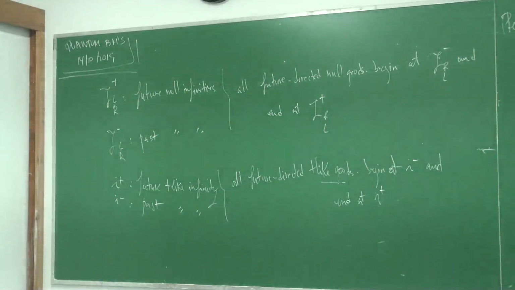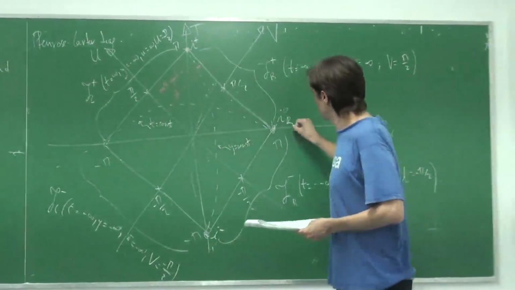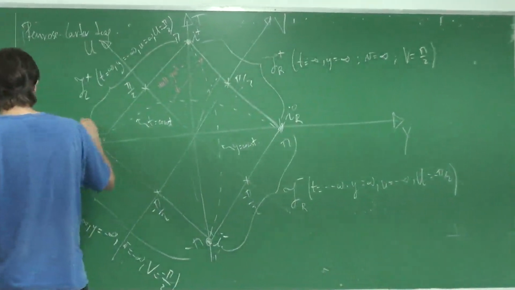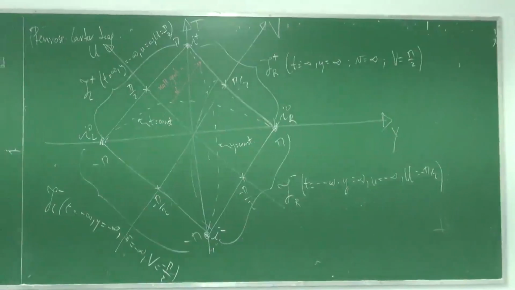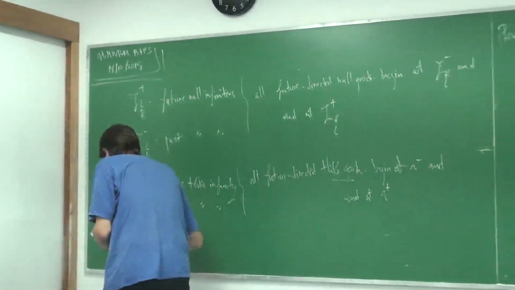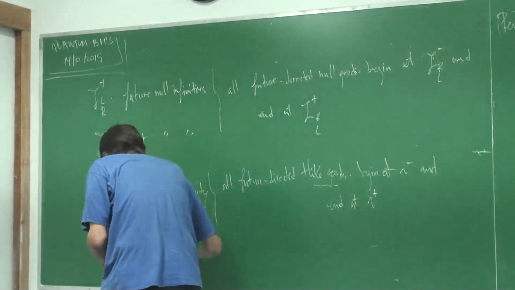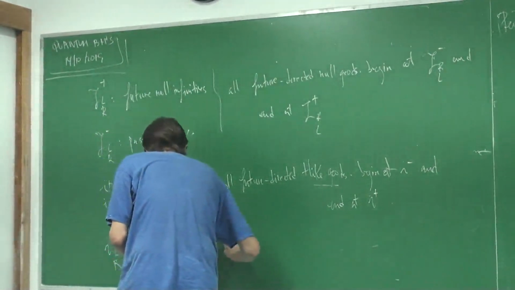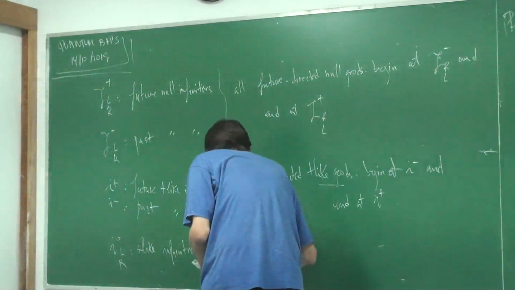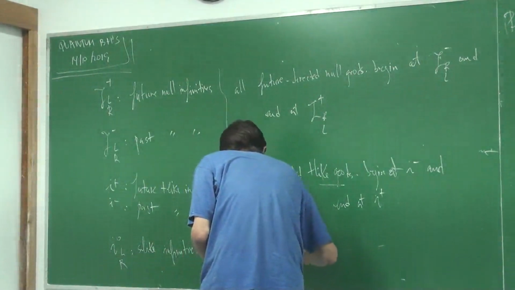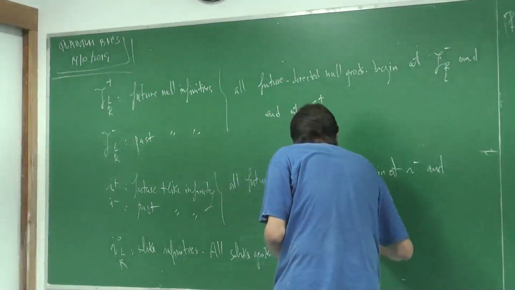And finally, you've got the space-like infinities. So this one here is I0 right, and this one here is I0 left. So I0 left and right are space-like infinities. All space-like geodesics begin and end at I0.